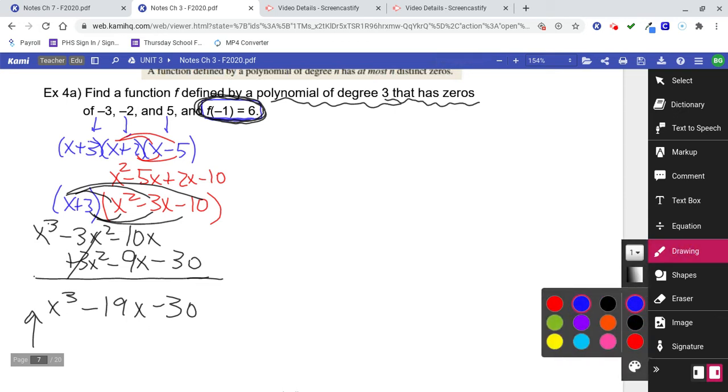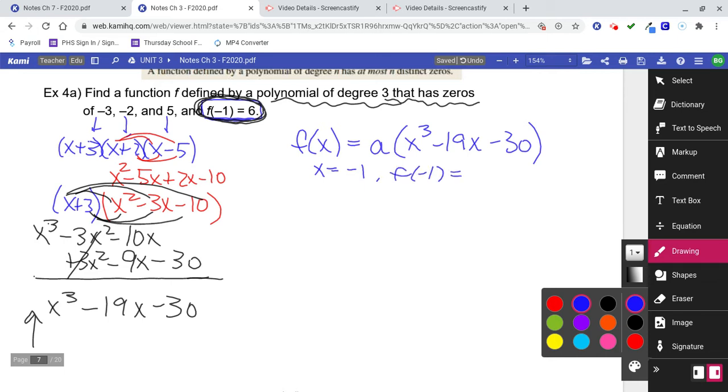So what we're going to do is say f of x equals, and we're just going to put a coefficient a in front of what we just got. Basically, if we let x equal -1, we're going to get f of -1 equals 6. So I'm going to plug that in.